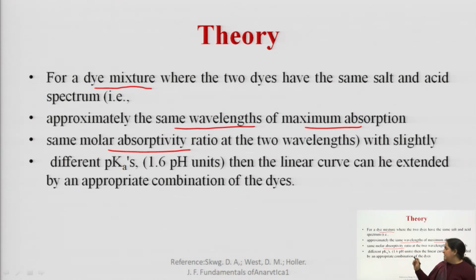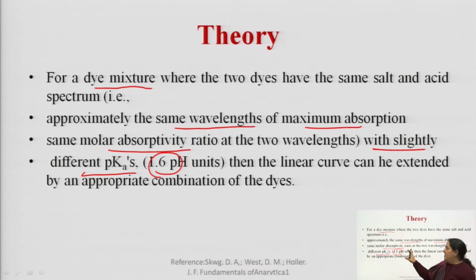Slightly different pKs are allowed. Because two compounds cannot have all the characteristics the same, there is a relaxation given. So they can have slightly different pKas, which can range up to 1.6 pH units. Then the linear curve can be extended by appropriate combinations of the dye.